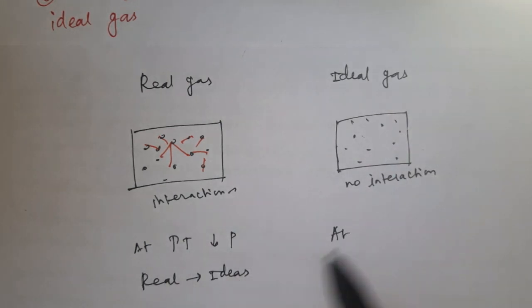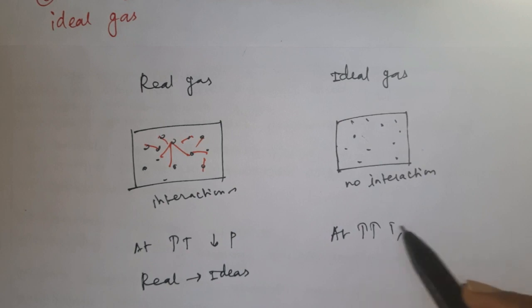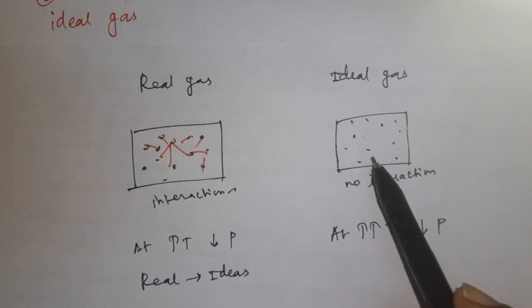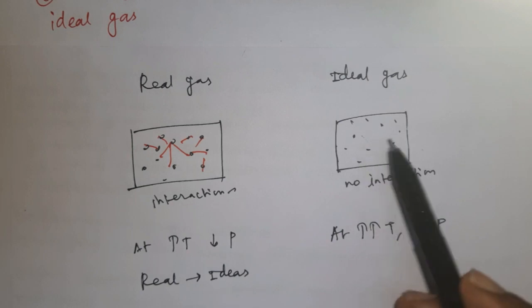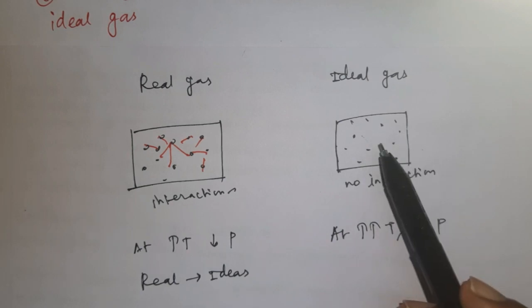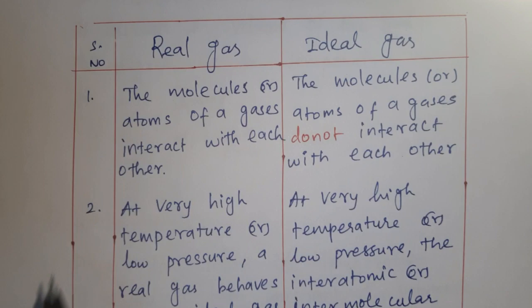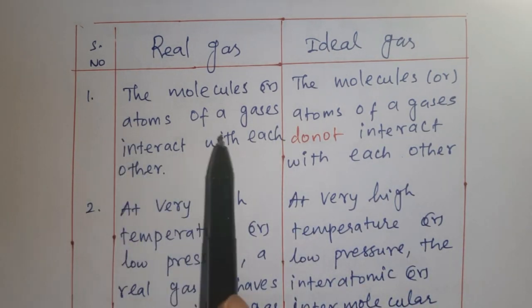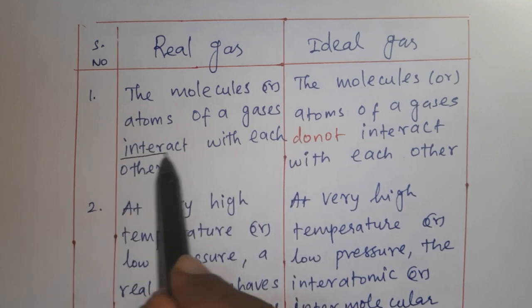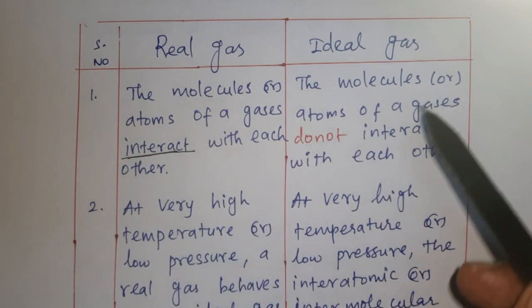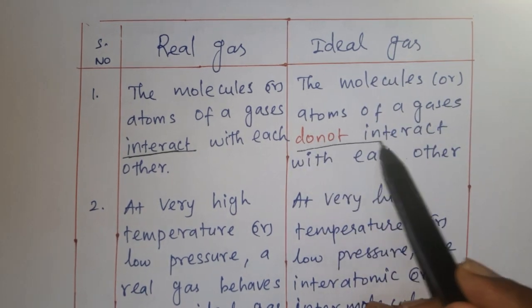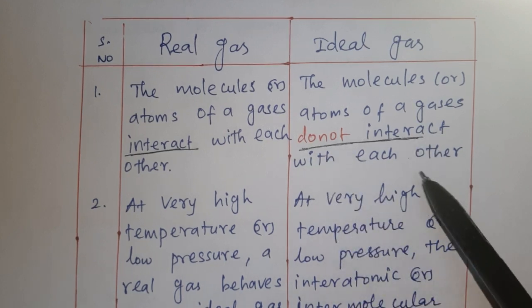At the same condition, at very high temperature and low pressure, there may be weak interactions among the interatomic or intermolecular forces. The first difference we discussed already: the molecules or atoms of real gases interact with each other, but in ideal gas the molecules or atoms do not interact with each other.